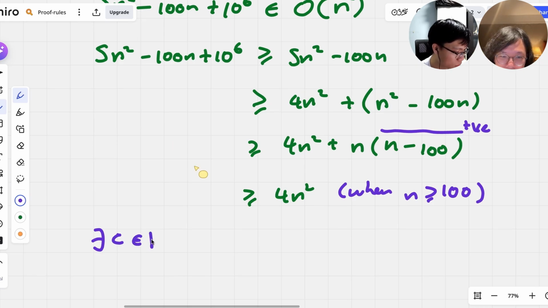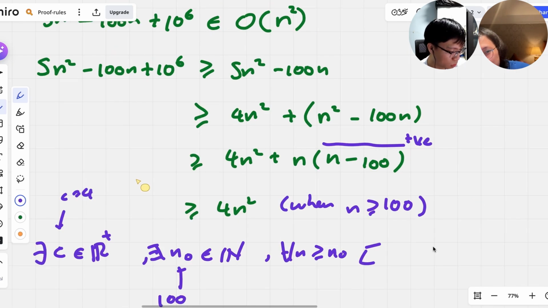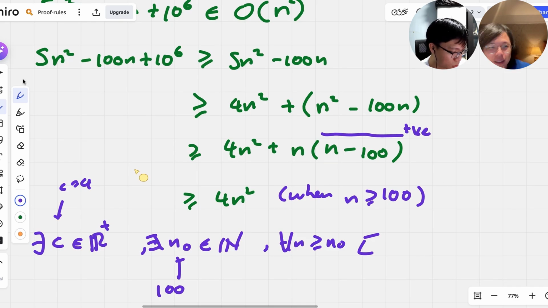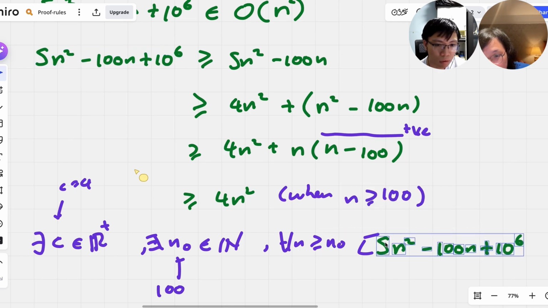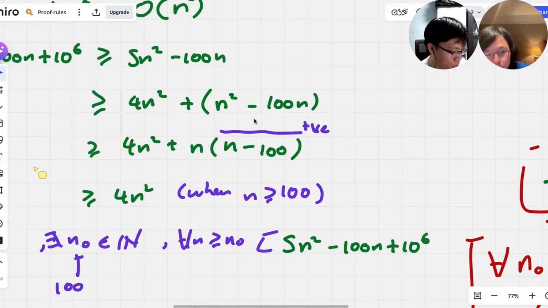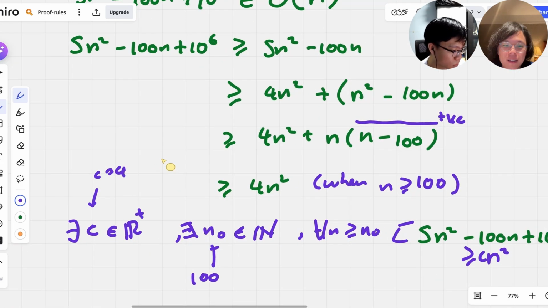There exists a c in R plus, with c being equal to 4, and there exists a starting point n0 in N, which happens to be equal to 100, such that for all n greater than n0, we have that g(n), which is this thing, which I'm super lazy to write, so I'm just going to copy and paste, is greater than or equal to c n squared. Ta-da!